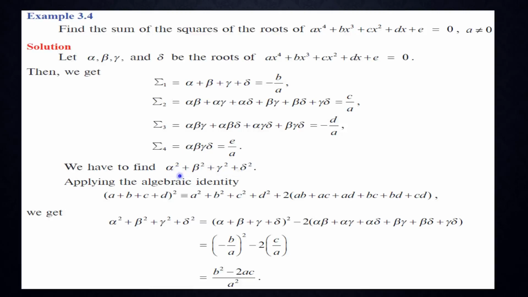So we want to find alpha square plus beta square plus gamma square plus delta square. So already we are knowing this algebraic identity, a plus b plus c plus d the whole square equal to a square plus b square plus c square plus d square plus 2 into ab plus ac plus ad plus bc plus bd plus cd.